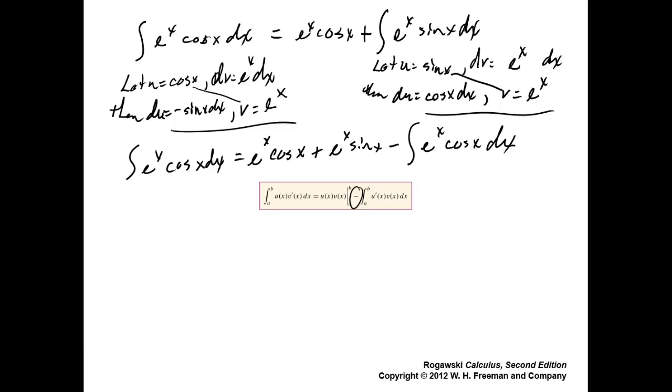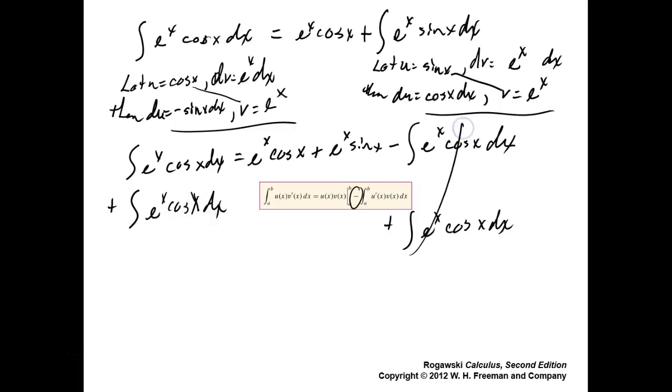Oh, but we are. Because what you can do is add this integral on this side to this. Right? So let's add the integral to both sides. Plus the integral of e to the x cosine x dx plus the integral of e to the x cosine x dx.